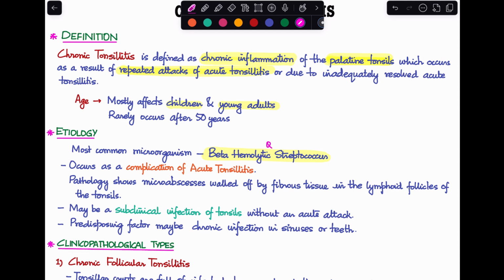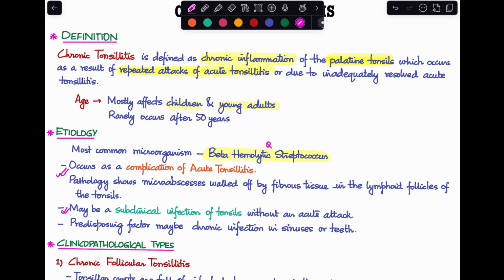Now, as I already mentioned, usually it can occur as a complication of acute tonsillitis, like repeated attacks of acute tonsillitis. In this case, on pathology, we see micro abscesses walled off by fibrous tissue in the lymphoid follicles of the tonsil. So, this is the first etiology. Second is it can also be just a subclinical infection of the tonsils without an acute attack of tonsillitis.